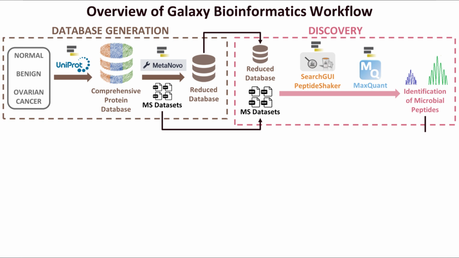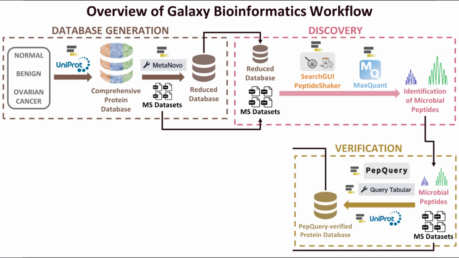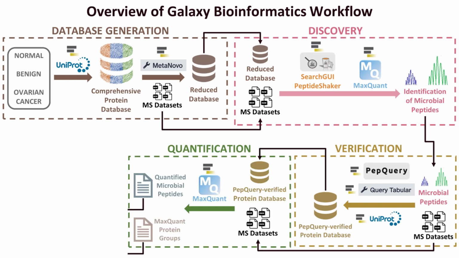Then, in Module 2 Discovery, we searched MS datasets against the reduced database from Module 1 to identify peptides and proteins. Then, in Module 3 Verification, we used PepQuery 2 to verify the presence of peptides as well as validate that they are indeed of microbial origin. In Module 4 Quantification, we performed quantification of microbial peptides.